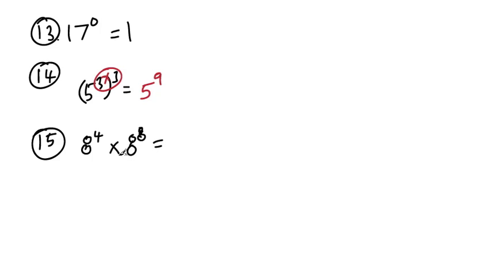We have the same base, the 8's, the big numbers on the bottom. What we've got to do with the exponents is add them. So our answer would be 8 to the 4 plus 8, which gives us 8 to the 12th power. Again, it's just something we've got to remember, our laws of exponents.